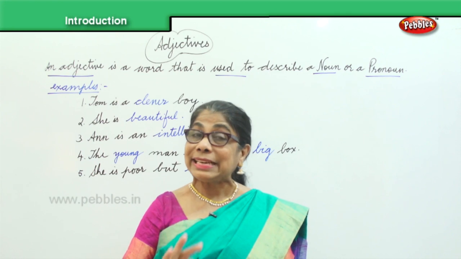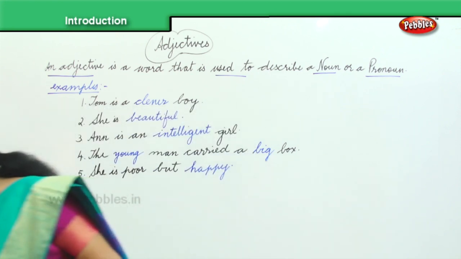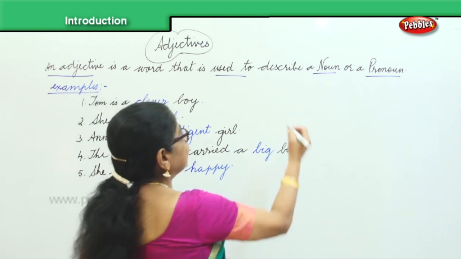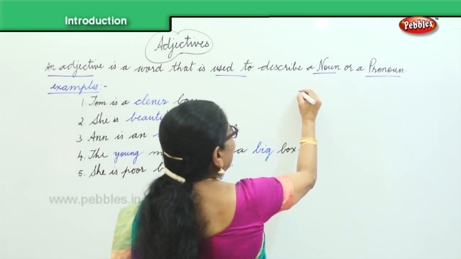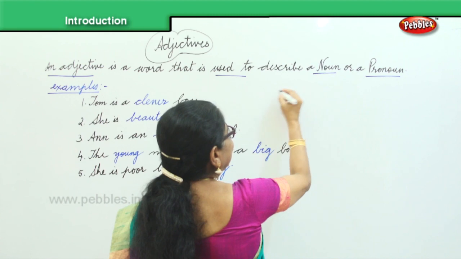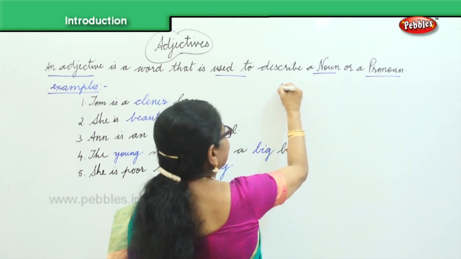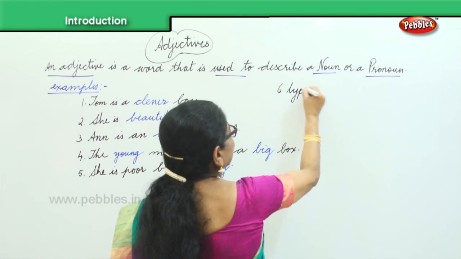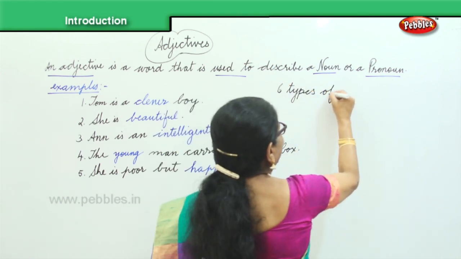So we have 6 different types of adjectives. I will write what those 6 different types are. 6 types of adjectives.